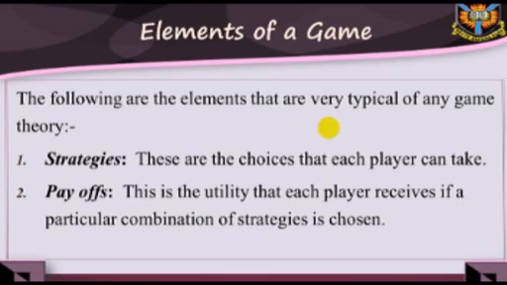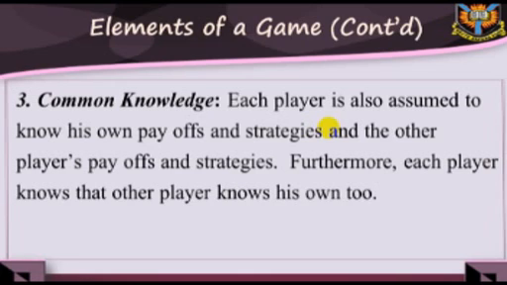C. Common knowledge. Each player is also assumed to know his own payoffs and strategies and the other players' payoffs and strategies. Furthermore, each player knows that other players know his own. This constitutes the person or firm concerned in the participation in the game in question.